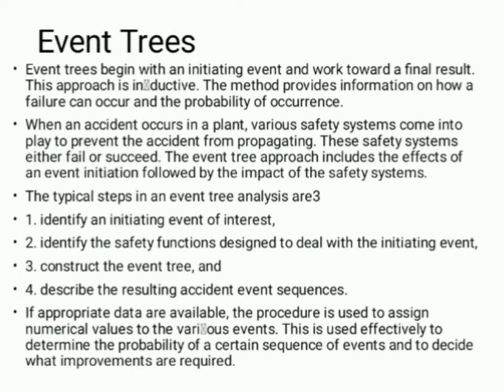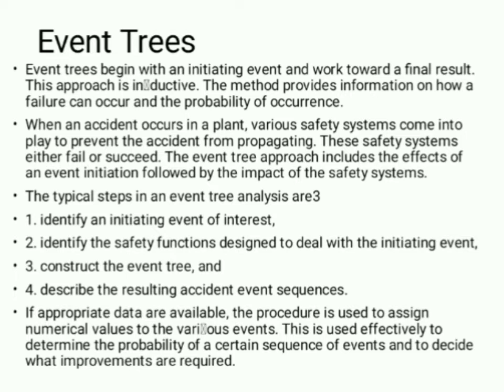We first find the initiating event and work towards the final result. This is the inductive method that provides information on how failure can occur and the probability of occurrence.